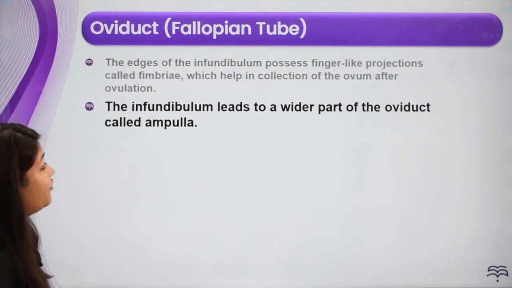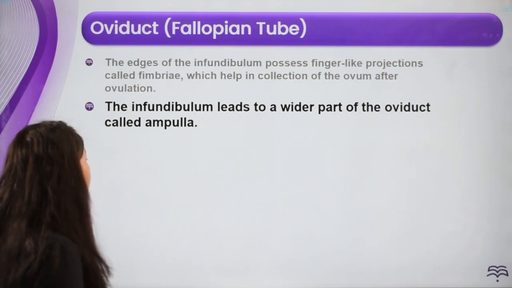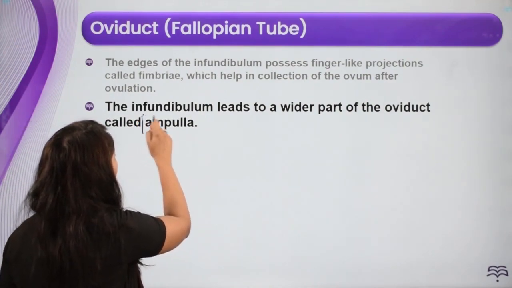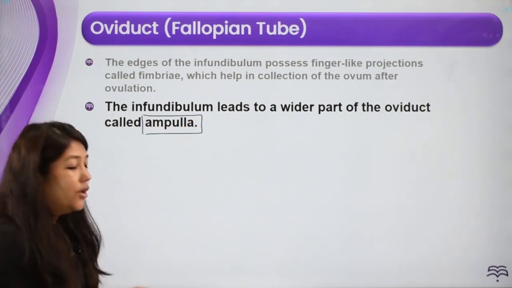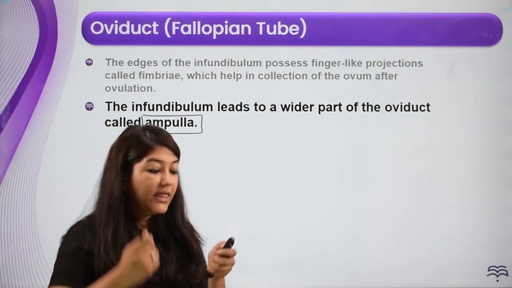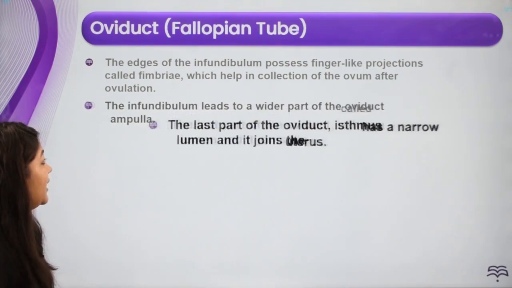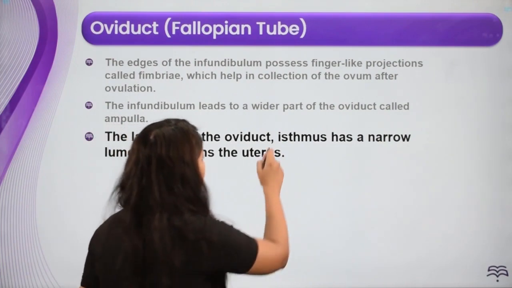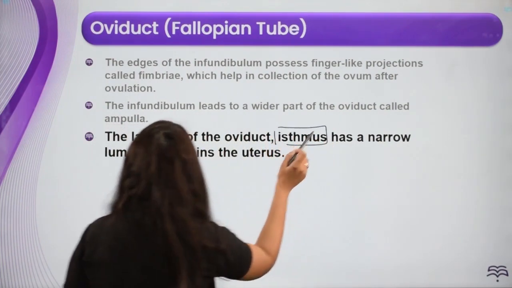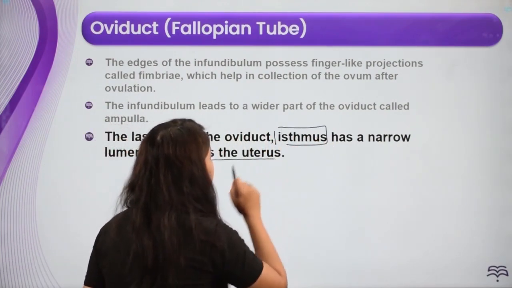All right, then the infundibulum leads to the wider part of the oviduct, which is called the ampulla. All right, so infundibulum, then the ampulla. Next, the last part of the oviduct, the isthmus, has a narrow lumen and it joins the uterus.